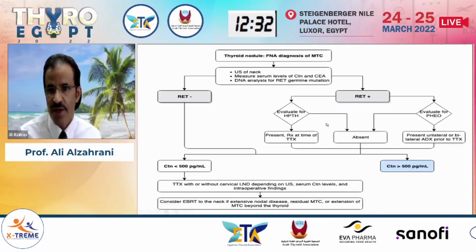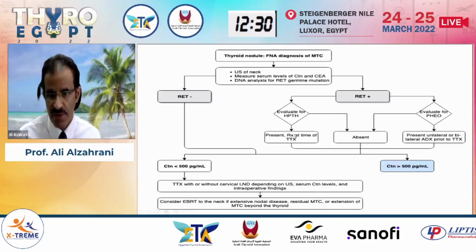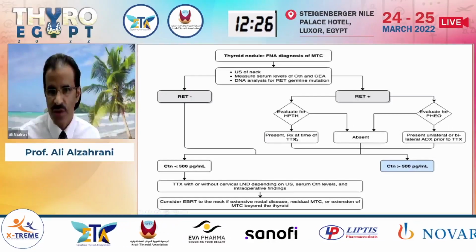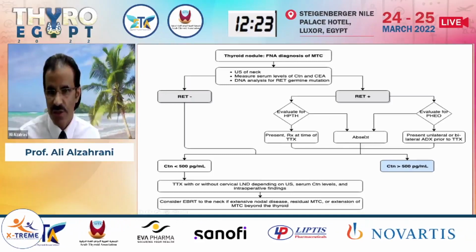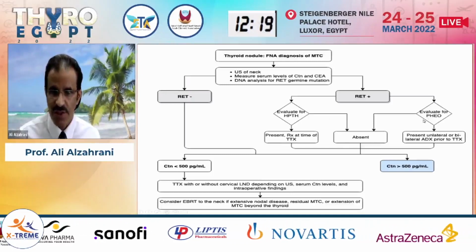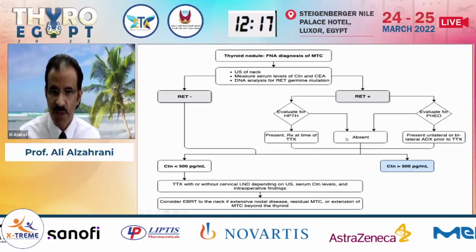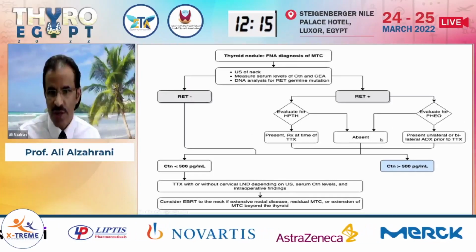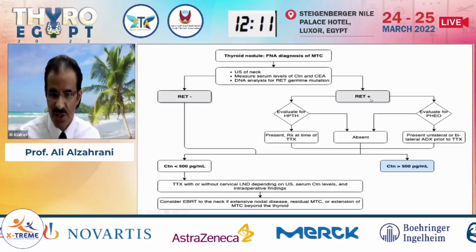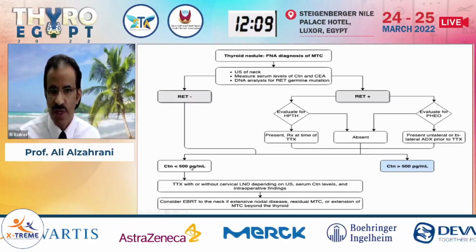On the other hand, if they have primary hyperparathyroidism or pheochromocytoma, we need to deal with it, either at the same time as medullary thyroid cancer or even before dealing with medullary thyroid cancer in the case of pheochromocytoma. So if the patient is RET negative, or has no evidence of pheochromocytoma or hyperparathyroidism but is RET positive, the next thing to look at is calcitonin.